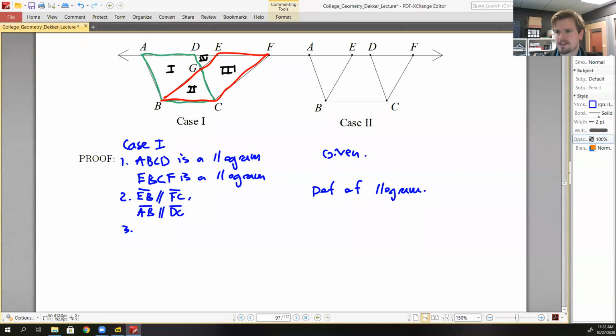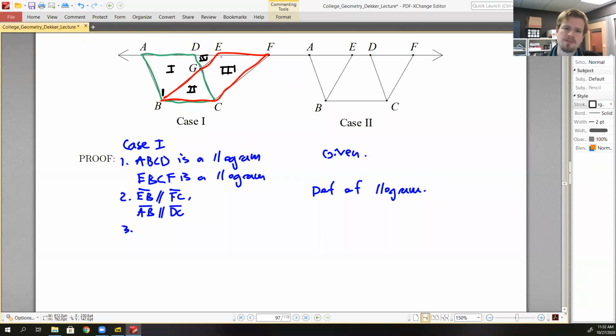We'll call that angle 1. This angle, if we were to use that AB is parallel to DC, we would get that that is congruent to this angle.